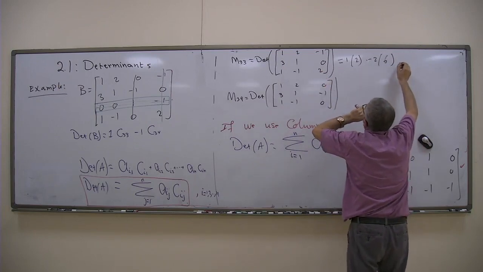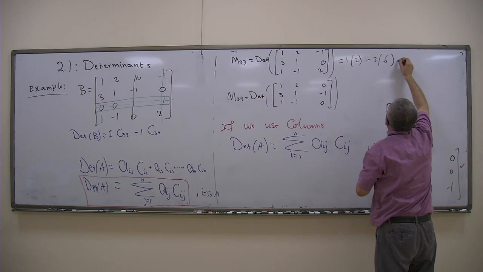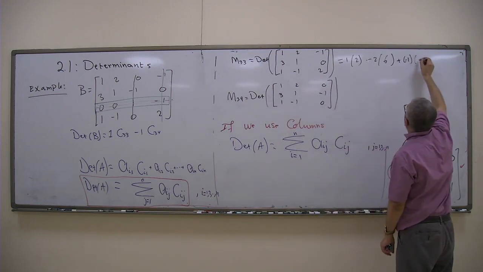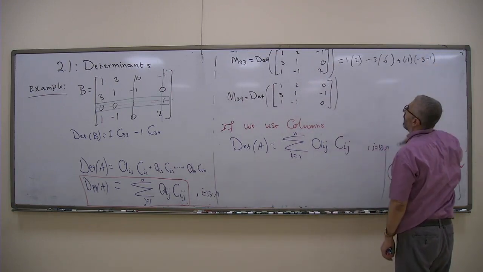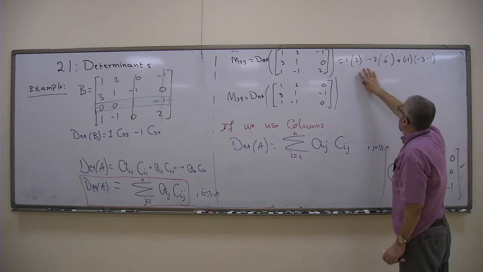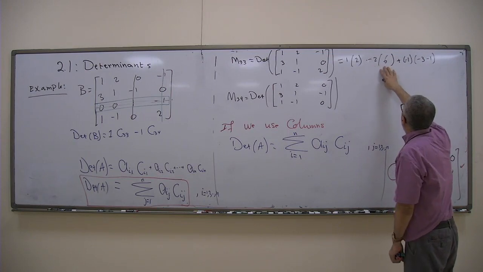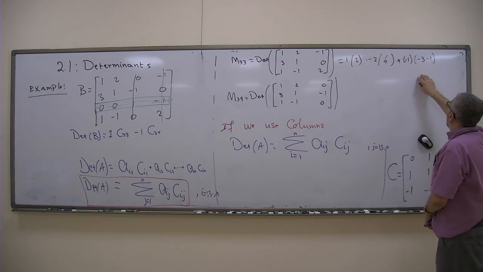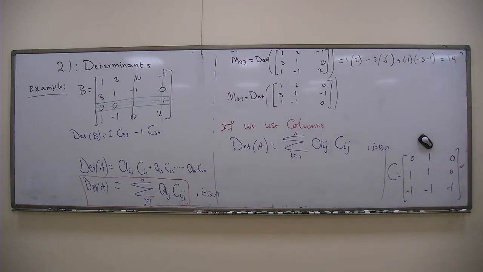Then plus -1 into -3 minus 1. You can do it as we did before, step by step, and see, is that what you get? So here you have -12, and here 2, that is -10, -10 plus 4, that is 14. Please double check that.